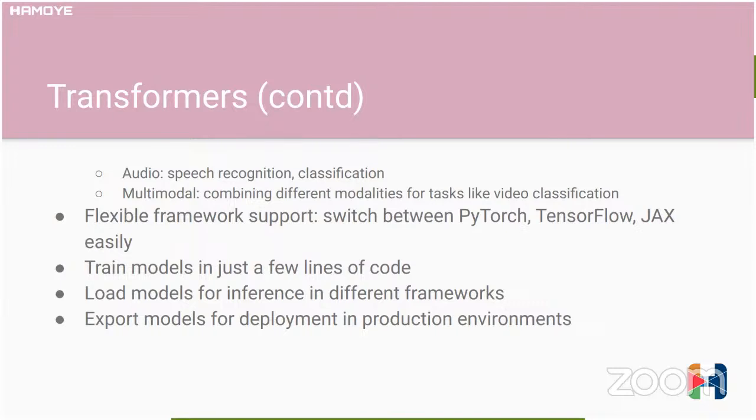There's a way for you to build your models with PyTorch, and a way to build or train your models with TensorFlow, depending on the syntax you're familiar with or your company already uses in their code base. So it can use these three frameworks. I don't know if JAX is that popular to you guys, but it's very popular in the AI research field, and it's also supported by the transformer library.